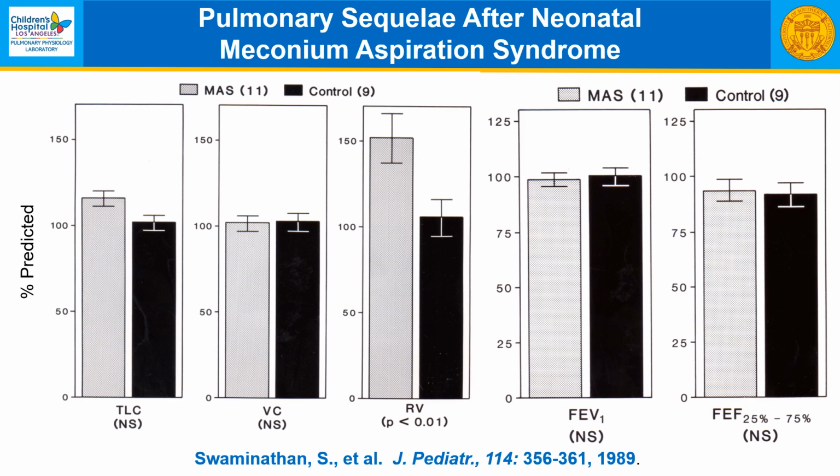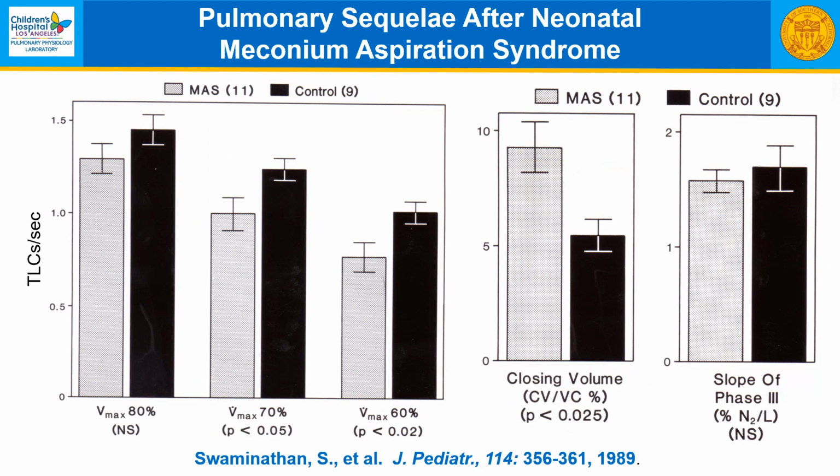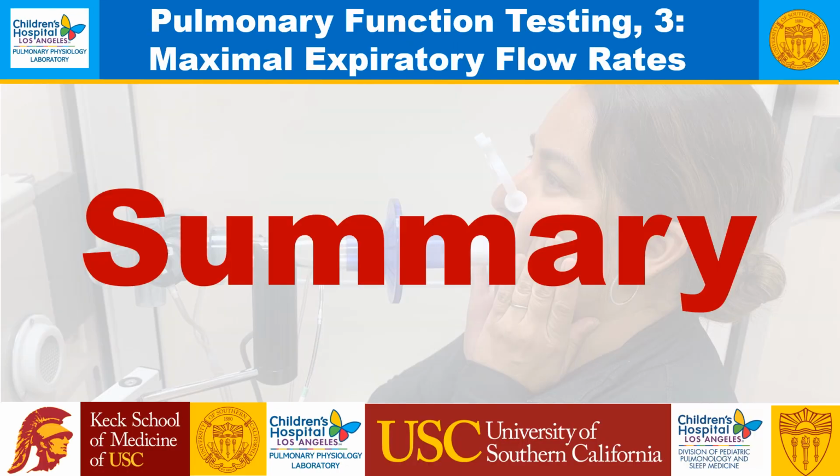Residual volume was increased. In her case, the flow rates were not significantly different, but the Vmaxes were. Vmax 80, 70, and 60 were all less in those children who had meconium aspiration syndrome. Closing volume, slope of phase 3, we'll talk about another time, were, at least closing volume was different. Slope of phase 3 was not.